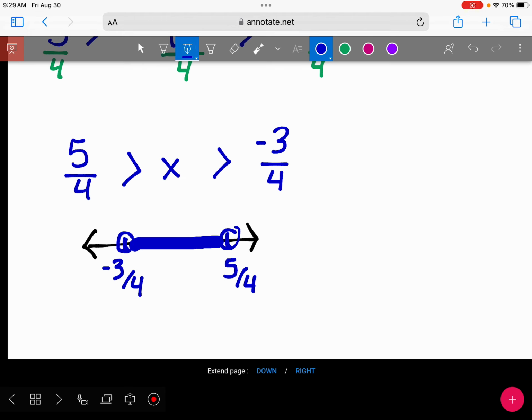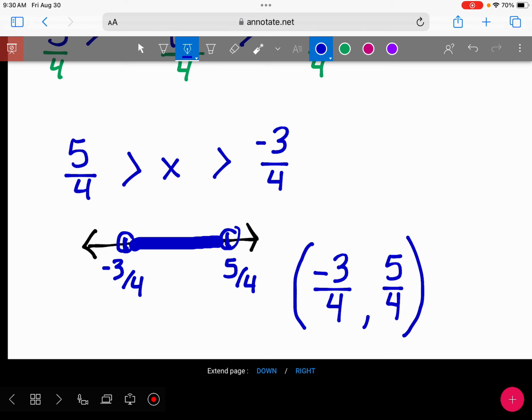So our interval is going to go from negative 3/4 at the smallest to positive 5/4 at the biggest. Since we used greater thans and we used open circles, we're going to use parentheses on both of them.